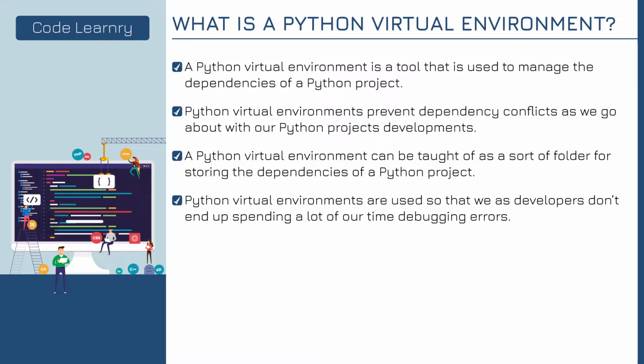Now, one might ask the question as to why all of this matters. So in the above example that I gave, where we are developing two different websites, where the first website uses Django version 1.9 and the other website uses Django version 1.10, you have two versions of Django, or it could be any other framework or library.